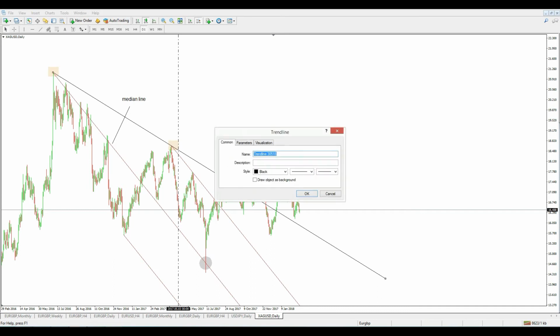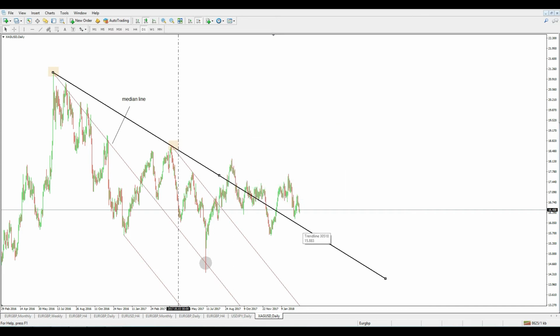As a rule of thumb, this is also valid as dynamic support and resistance. You know by now, or you should know, that dynamic support and resistance is more powerful than classic support and resistance. The classic support and resistance appears on the horizontal, while this one has a certain angle.